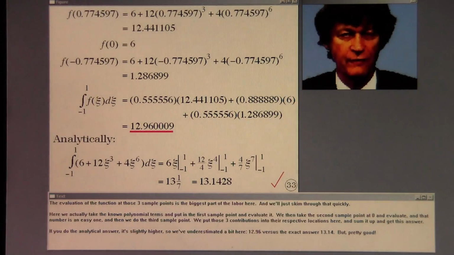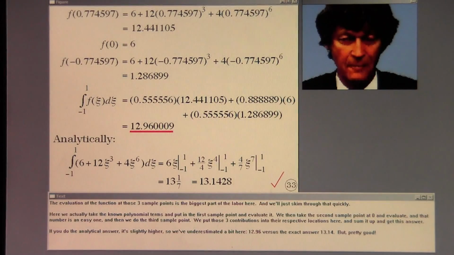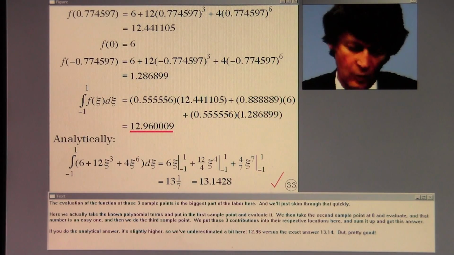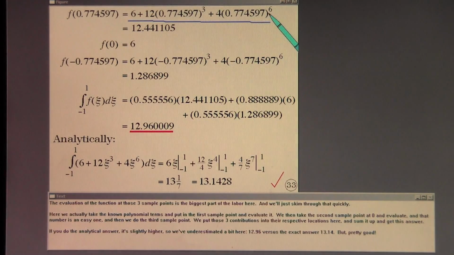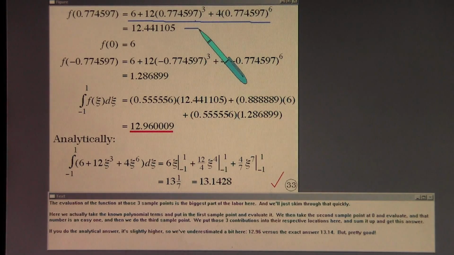The evaluation of the function at those 3 sample points is the biggest part of the labor here, and we'll just skim through that quickly. Here we actually take the known polynomial terms and put in the first sample point and evaluate it. We then take the second sample point at 0 and evaluate, and that number is an easy one.